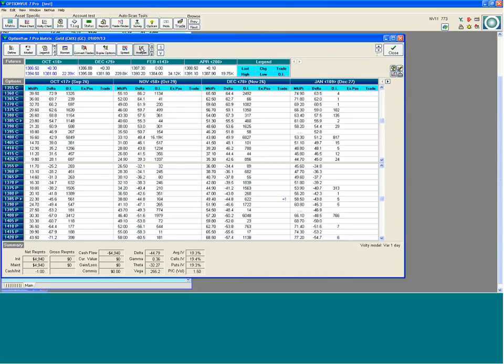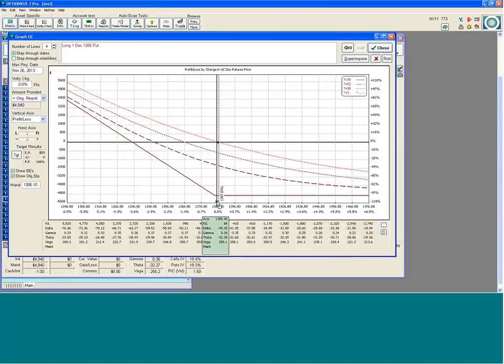So if I click the Analyze button, and if we were to get a $10 decline in the price of gold futures, this particular option today would generate a profit of approximately 45% of that $10 move. 45% of $1,000 on the futures is approximately $450.